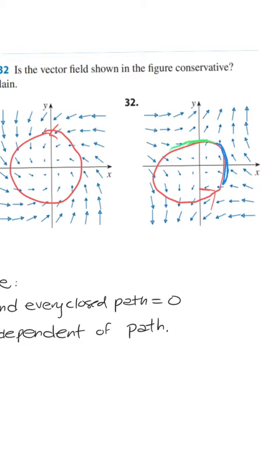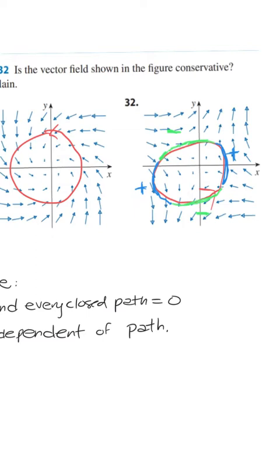Right about here we're going perpendicular to the flow, that's 0. Then we start going with the flow again, perpendicular, that's 0, and now we're going against the flow. When we're going against the flow, we get negative work, and when we're going with the flow, we get positive work.